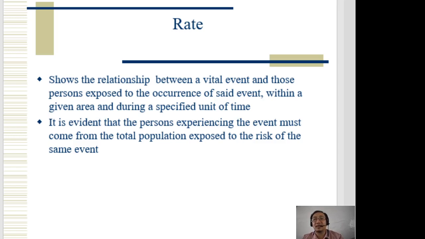It is usually an event in a certain period of time in a certain place. So the persons experiencing the event must come from the total population exposed to the risk of the same event. So that is rate.